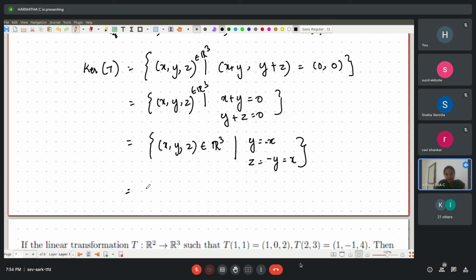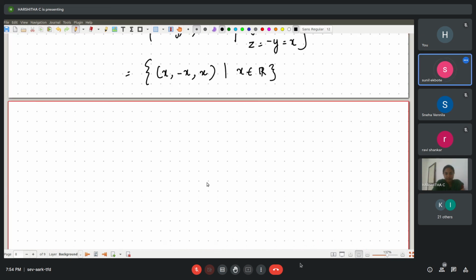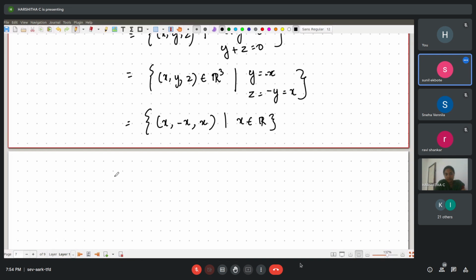So it is vectors of the form x, minus x, x. So even if you don't use rank nullity, you can see that this is a one-dimensional space. Kernel of T is one-dimensional.